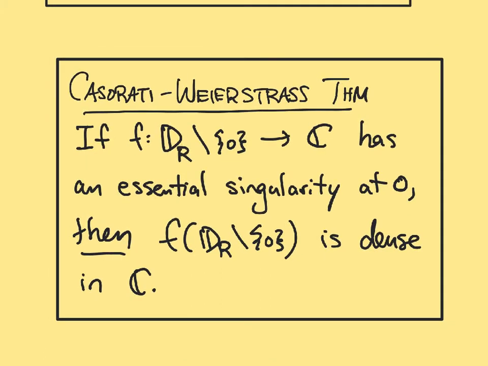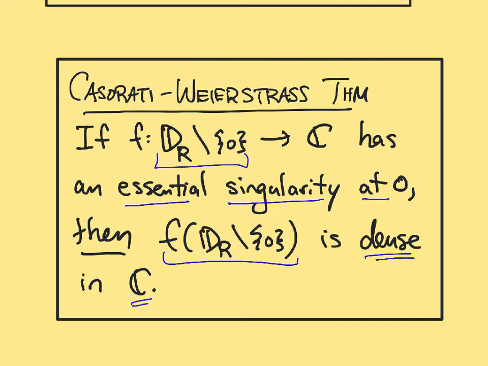So if f, and we'll do this at 0, is analytic on the punctured disk centered at 0, and it has an essential singularity there, then we can show that the image of f on this punctured disk is dense in C. So the image has the property that I can approximate any point in the complex plane with points from the image here.